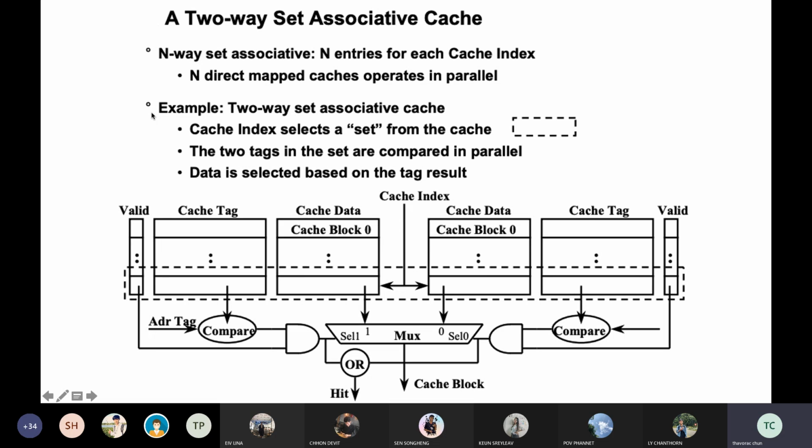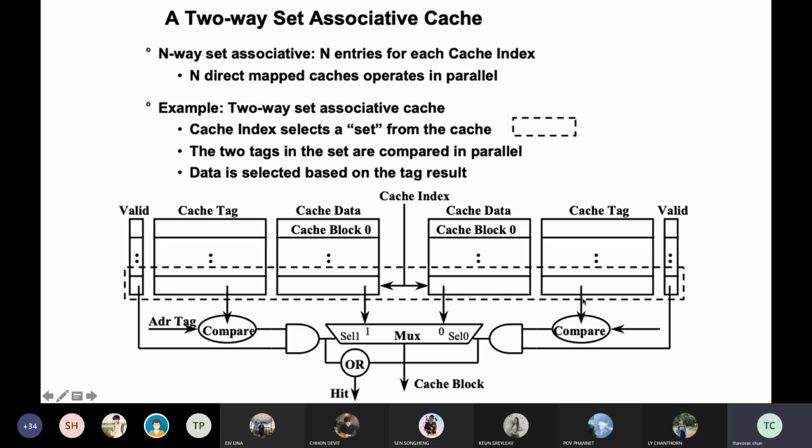One set can have multiple blocks, and normally at least 2 blocks per set. So if you see two-way set associative like this, you can tell that in this structure, one set has 2 blocks. If it is called 4-way set associative, it means that one set has 4 blocks.